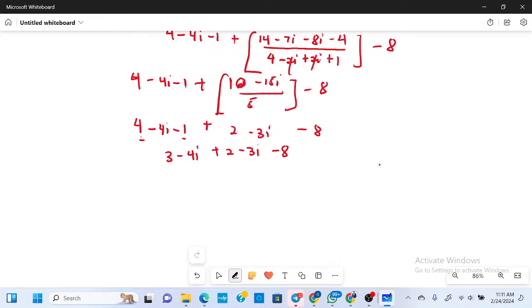So 3 plus 2 is 5, minus 8 is negative 3. Negative 4i minus 3i is negative 7i. And this is our simplification. So we get x to be equal to negative 3, then y to be equal to negative 7 after our simplification.